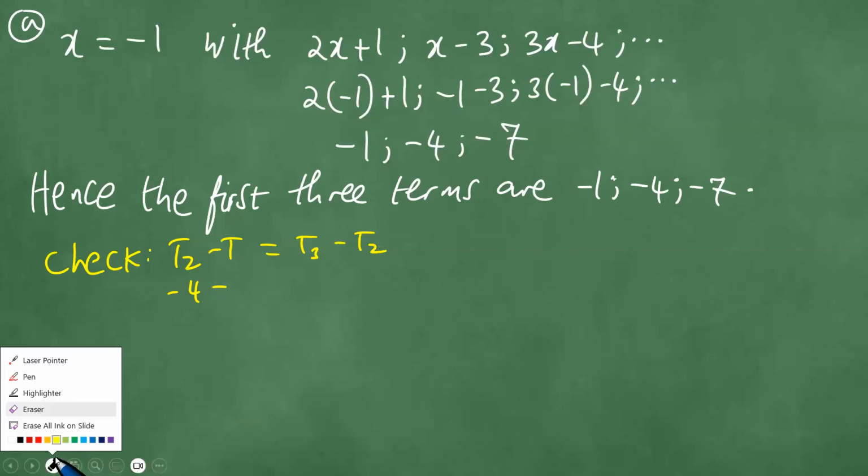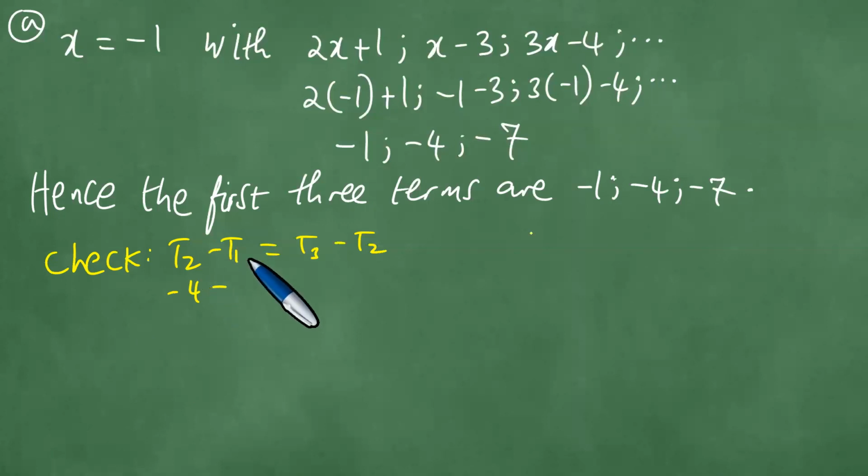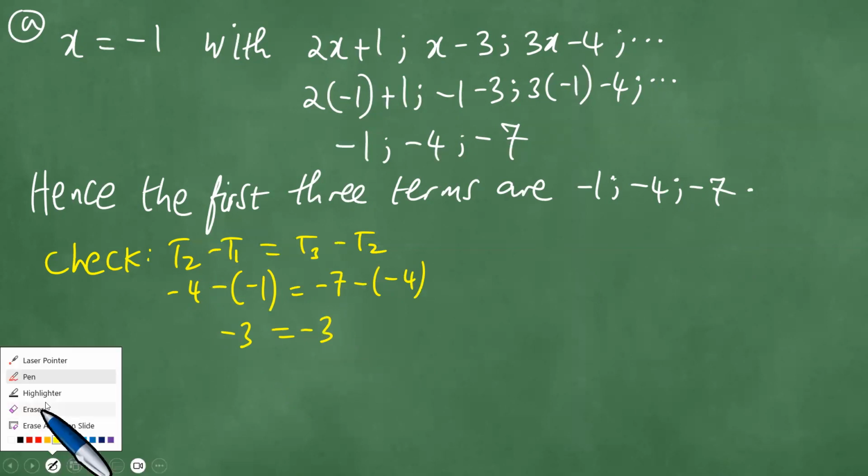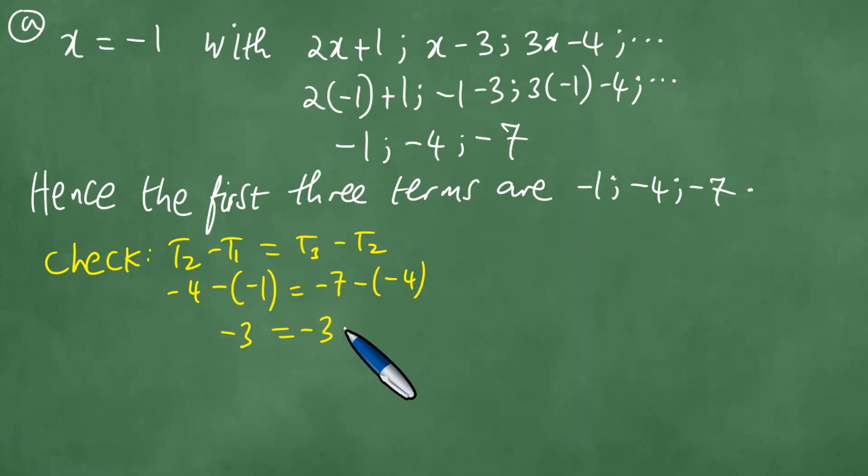T2 is -4, T1 is -1, so -4 plus 1 is -3. T3 is -7 minus T2 which is -4, so -7 plus 4, which is also -3. So you can see that -3 is equal to -3, so this -3 is indeed the common difference.